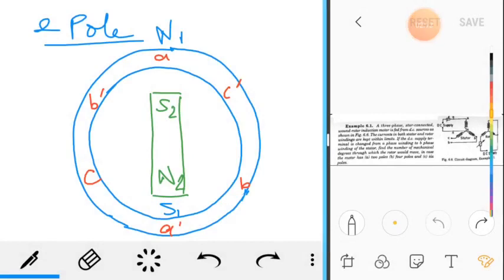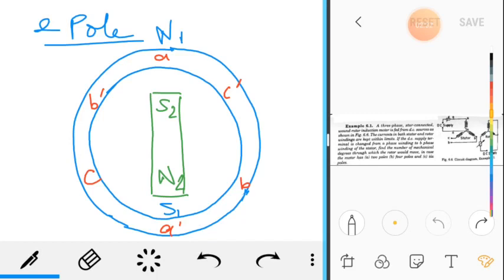So let's start with the 2 pole machine. In the question it is given that at the stator side the DC supply is given to phase A, and at the rotor side the three windings are short circuited and supplied by the DC supply.